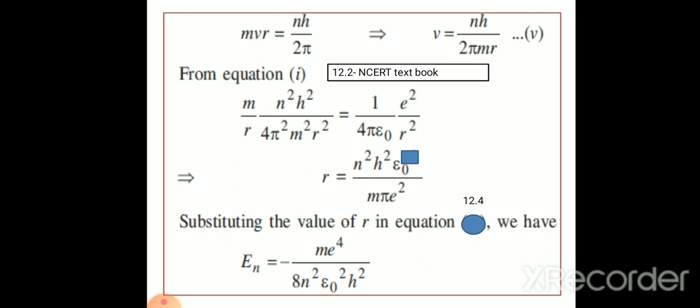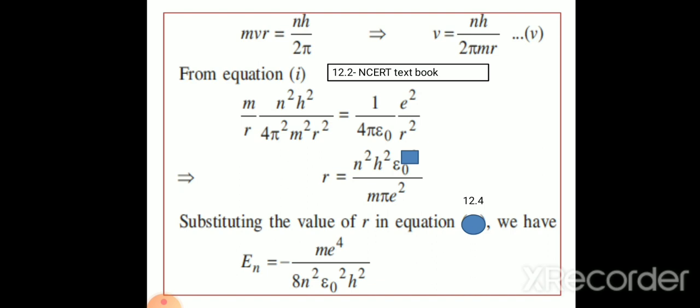We have learned that according to Bohr's postulate, mvr is equivalent to nh by 2 pi, or v is equivalent to nh divided by 2 pi mr. From the equation 12.2 given in NCERT textbook, where we equate the electrostatic force with the centripetal force, and substituting for vn in the equation mv square by r, we get m by r into, instead of v square we are writing, n square h square divided by 4 pi square m square r square, is equivalent to 1 by 4 pi epsilon naught e square divided by r square.